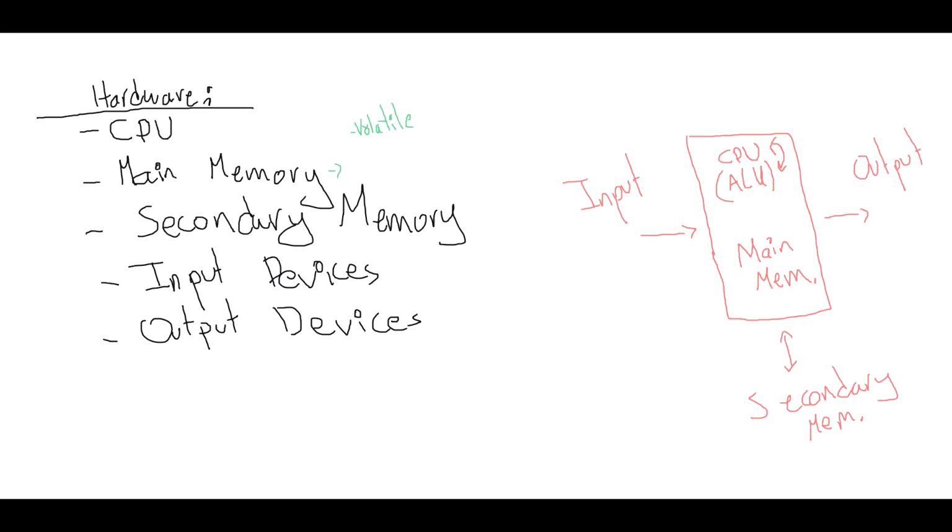You can also call the main memory RAM. RAM stands for random access memory. The RAM that is in your computer is the main memory, and it's volatile. Why is it random access? Because it's a big block of memory, and the CPU can access any location at any time.